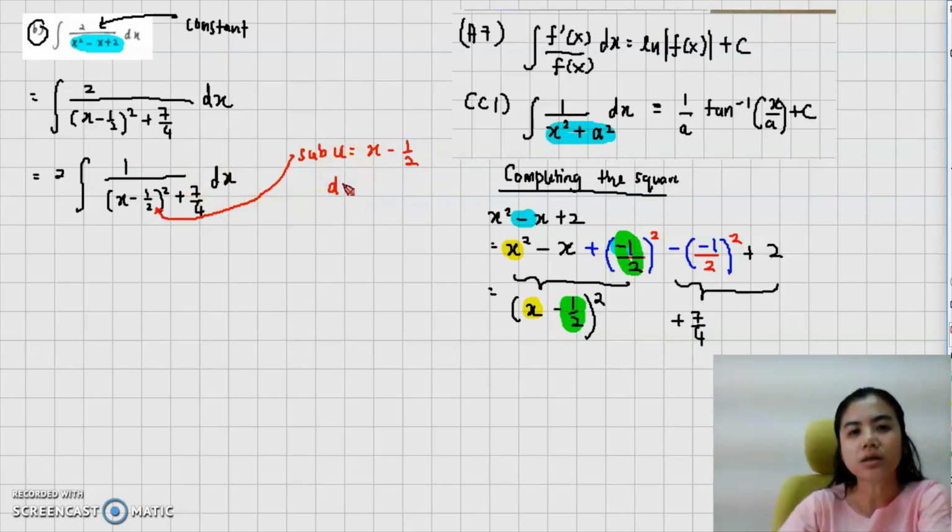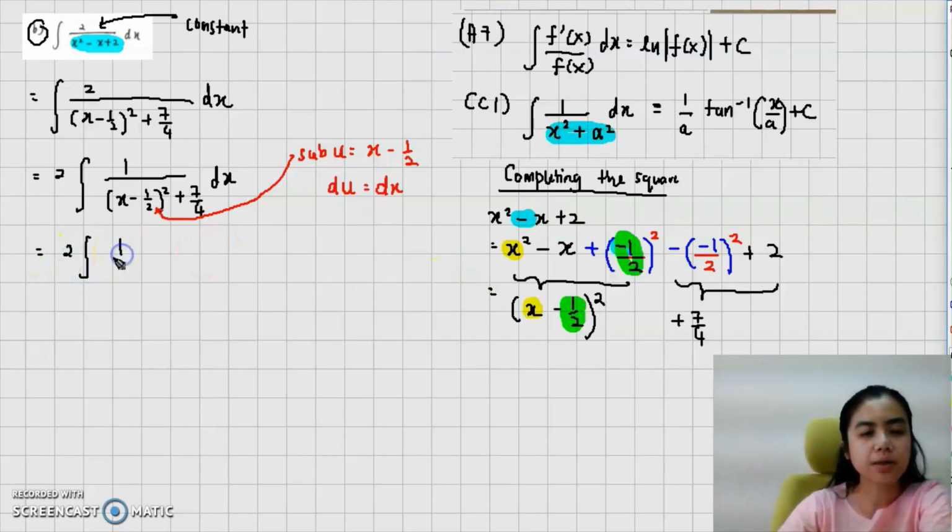We differentiate here, so we have du, this one is dx. Alright, let's sub again whatever we let just now. This is the u, and we have the square plus 7 over 4, and you have the dx. The dx is actually du.